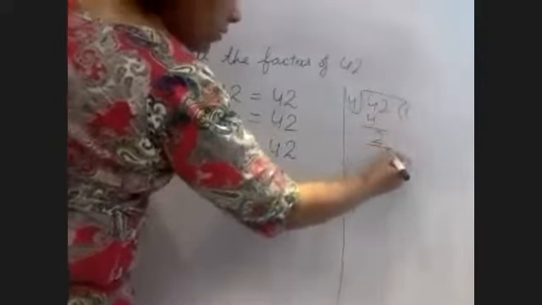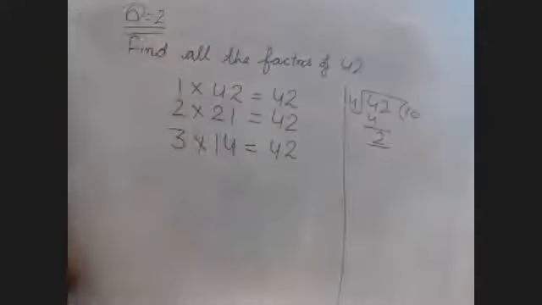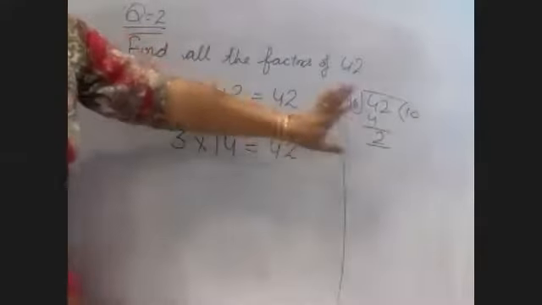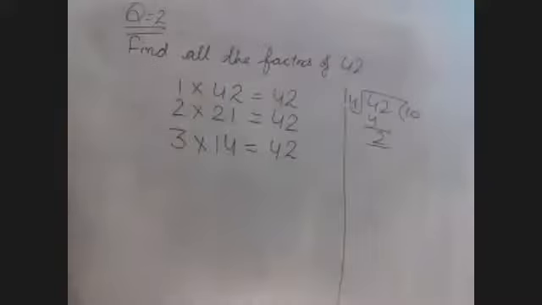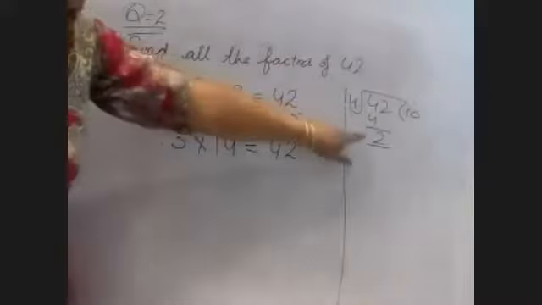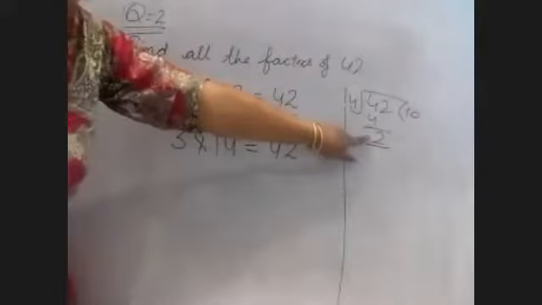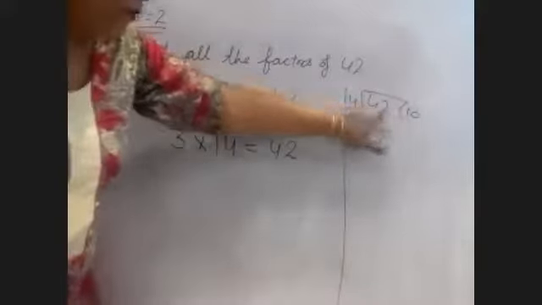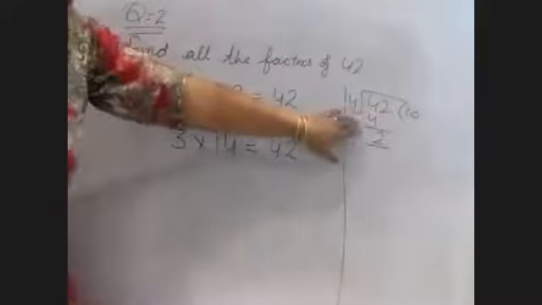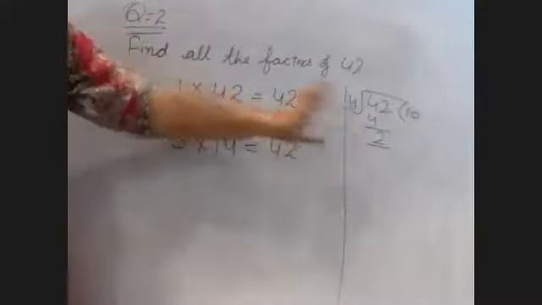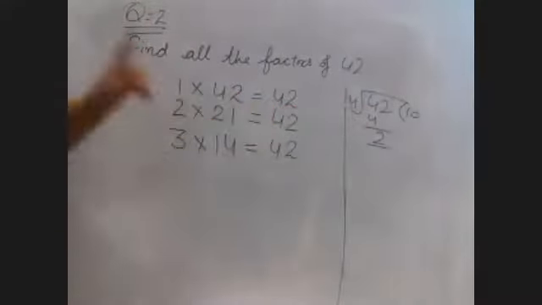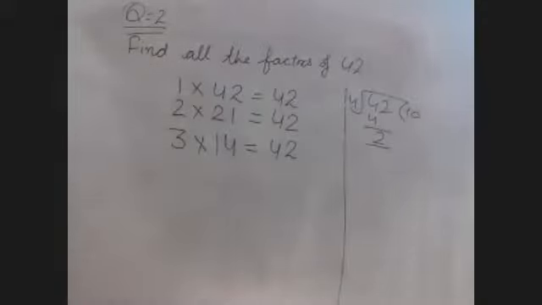Next number is 2. We get 10 as a quotient and the remainder is 2. So it means 4 is not a factor of 42 because the remainder is 2.